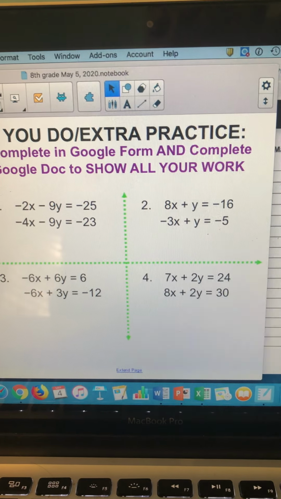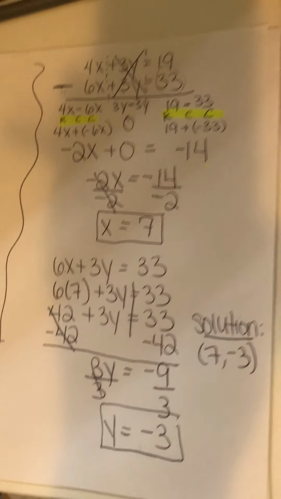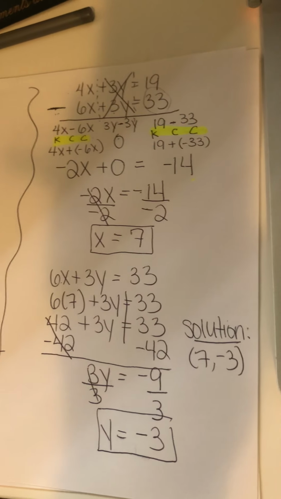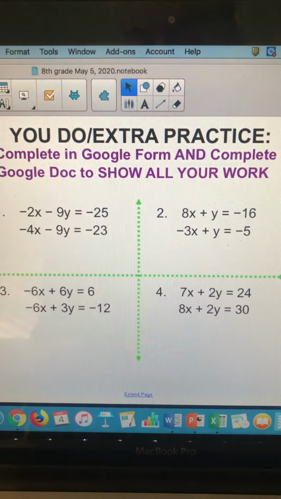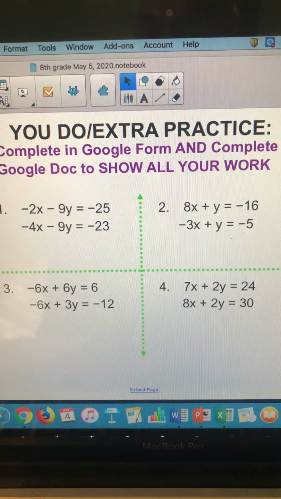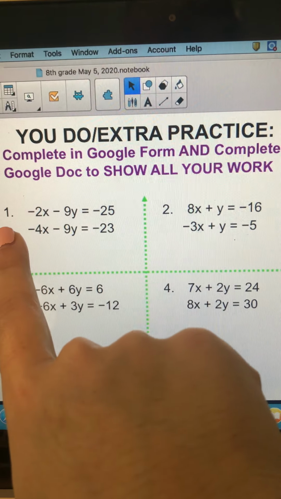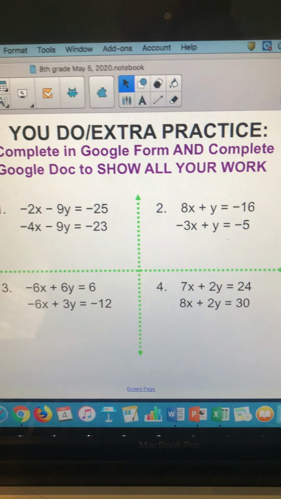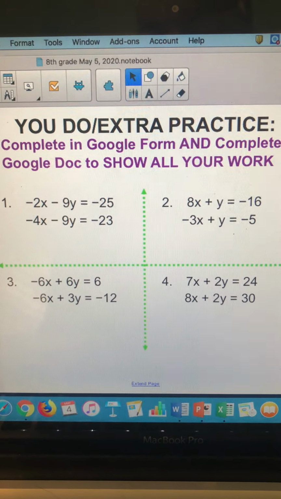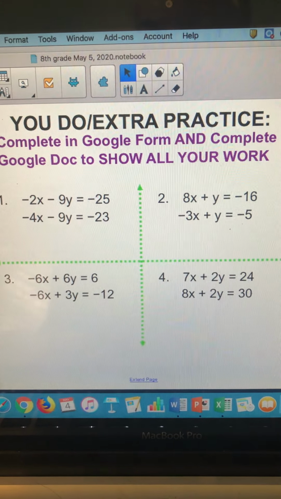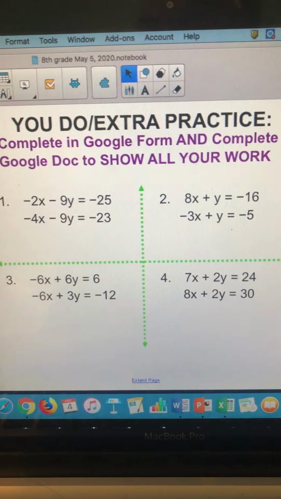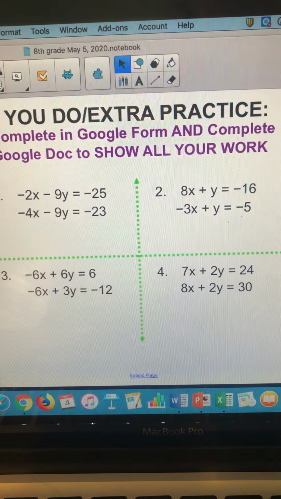I think it might be easier to do the work first, and then submit your Google form, because I know some of you were getting confused because the form switched the order of the questions. So just be mindful of this is number 1, this is number 2, because on your form they may come in a different order. I know Jacob asked me about that. The setting is set for the questions to mix. So I think that's why that was happening, okay?